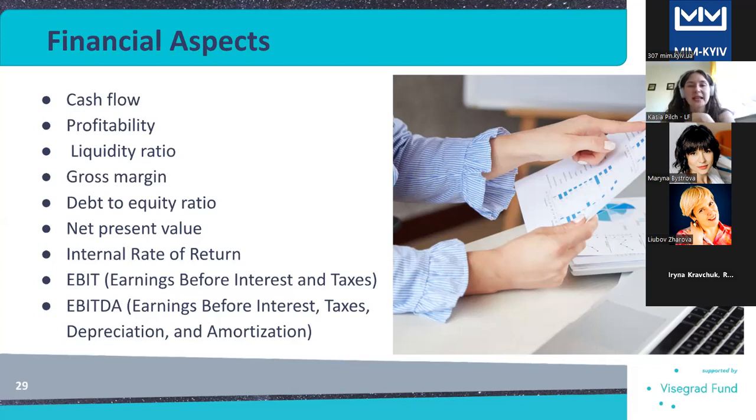Another indicator is net present value. To calculate net present value, we need a range of data, including future cash flows, cost of capital. It is complicated, so I'm just skipping it because I don't want to confuse you.